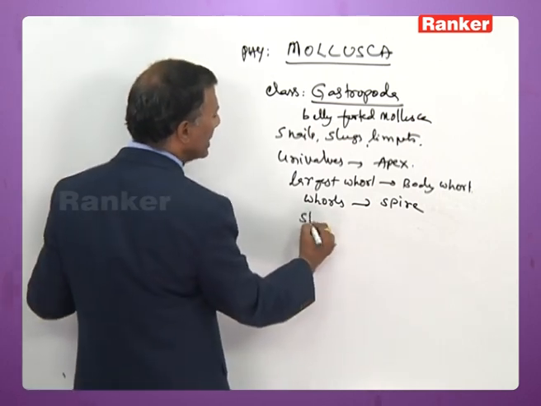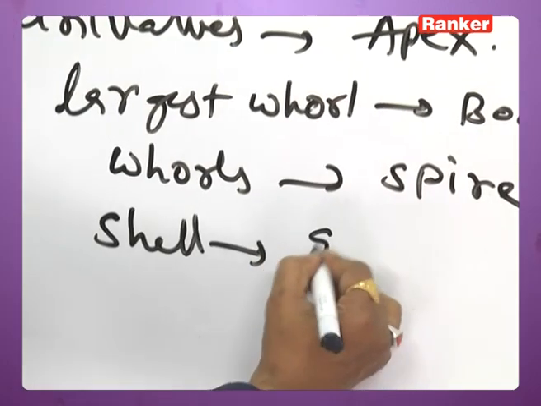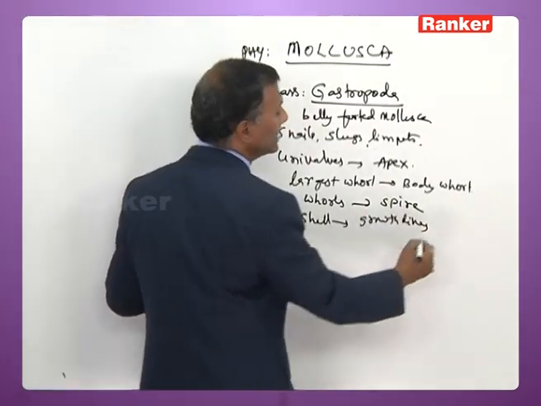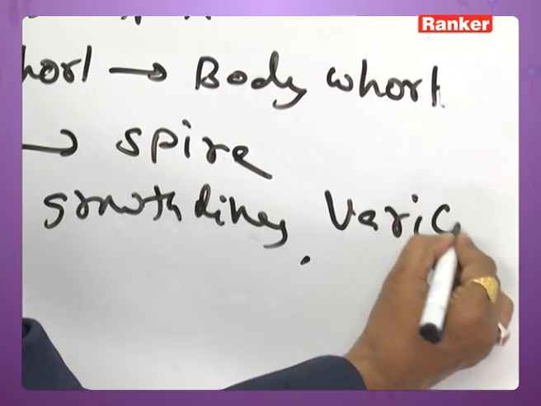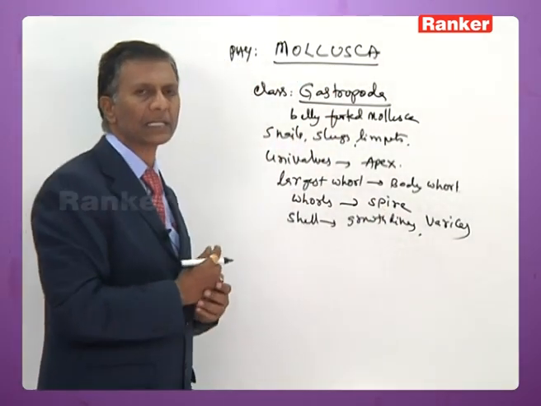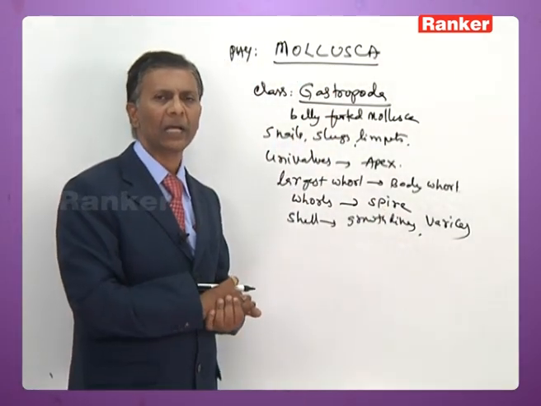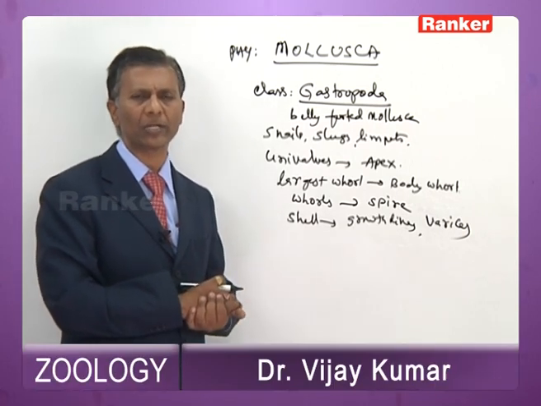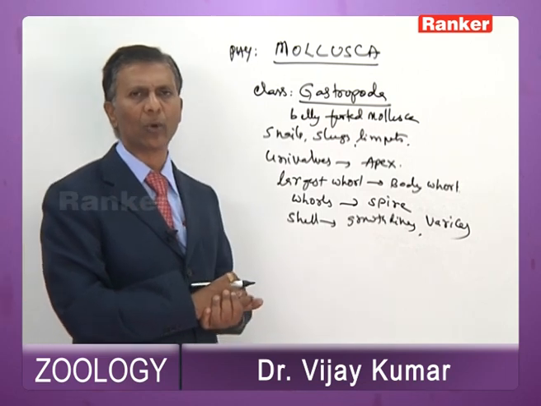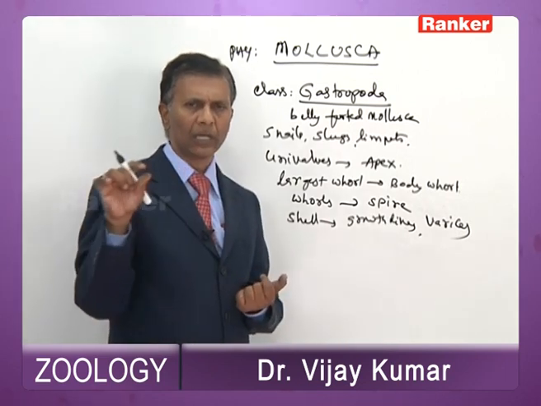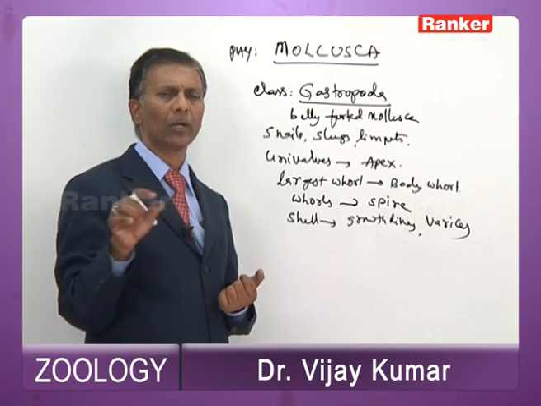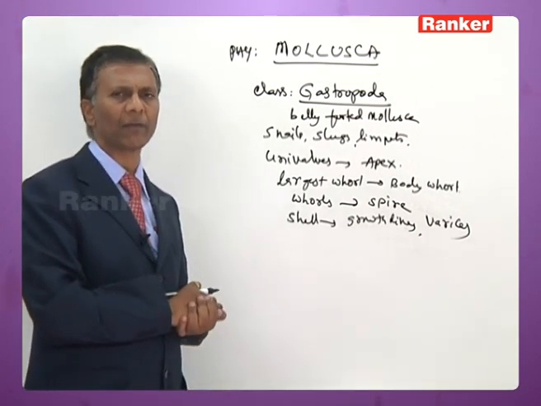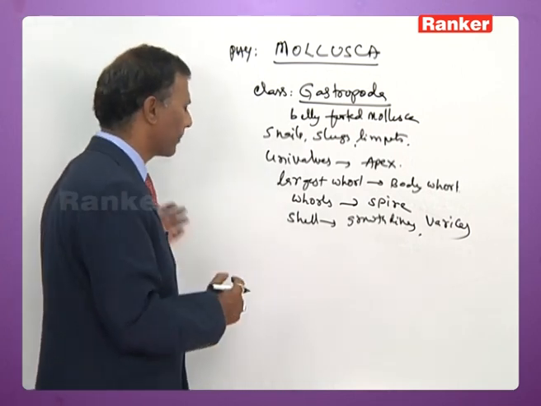The shell bears growth lines and varices. Varices are the thick lines which indicate the inactive phase of the life cycle of snails. Snails undergo aestivation, and during aestivation they do not grow. So those varices are formed while the snail undergoes aestivation.